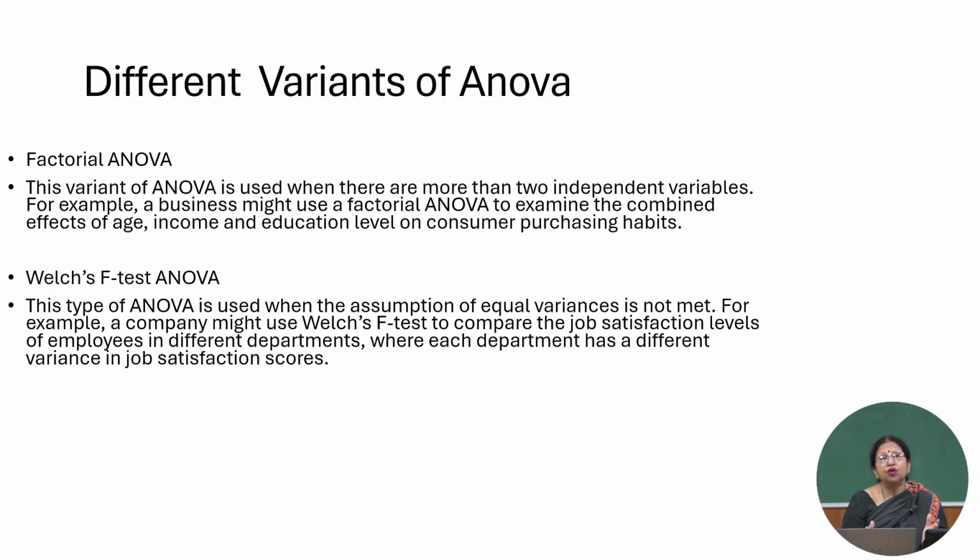So now they are actually comparing the satisfaction factor of the employees. But the atmosphere in which these employees are in different departments, they have a different job satisfaction scoring system. It is like comparing an apple with a mango.